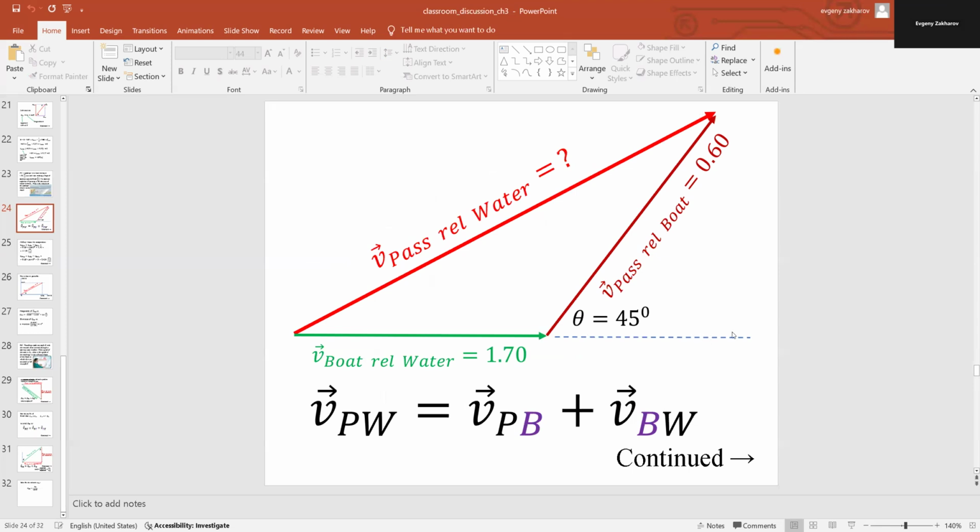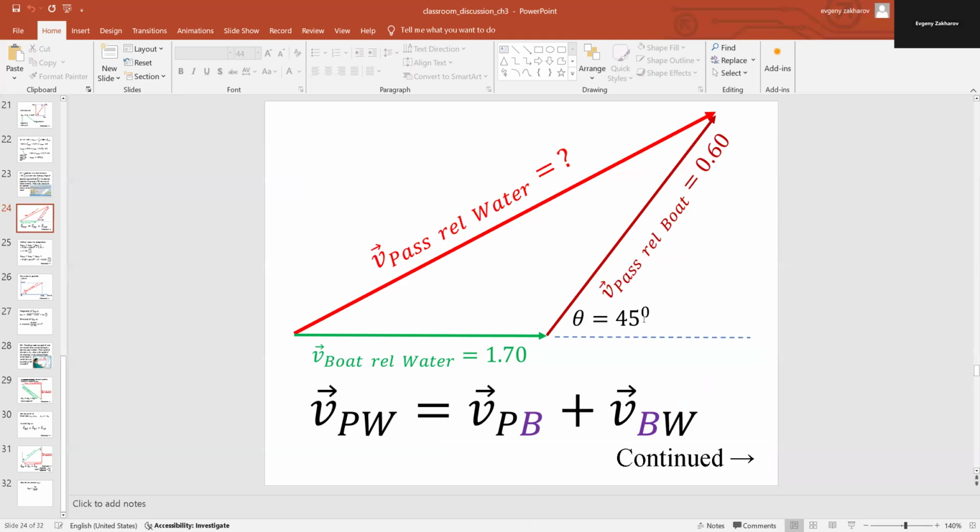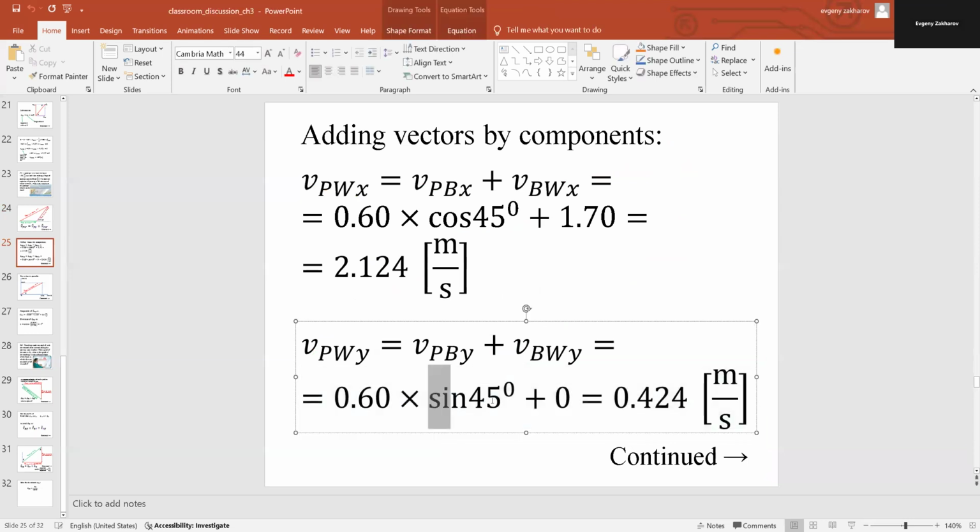Now for y component, you are looking at the side that is opposite to 45 degrees. And if it's opposite, it is a sine function. It's also positive because it's clearly pointing upward as your positive direction for y-axis. So it's positive, and it's a sine function now.